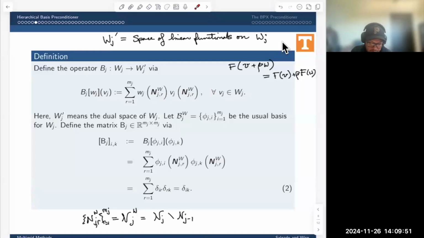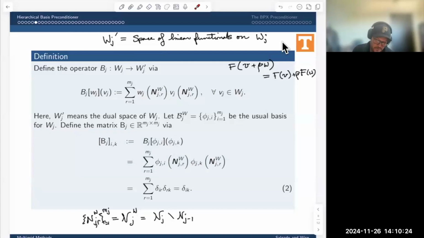That means nothing more than summing over what amounts to Kronecker delta symbols. When we evaluate at these nodal points, the evaluation of this guy at this nodal point is just the Kronecker delta symbol delta IR. And this one is going to be the Kronecker delta symbol delta KR.